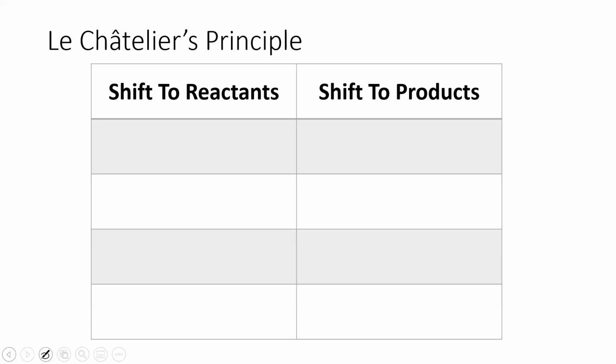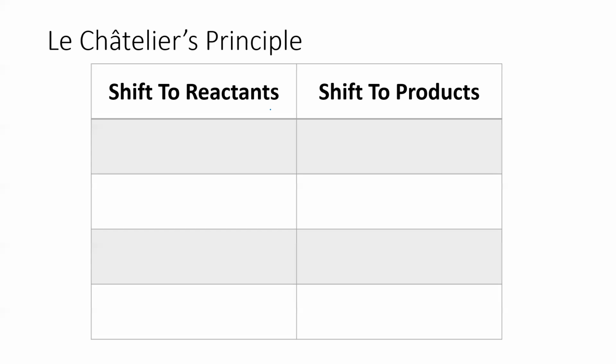So one of the things that affects equilibrium is adding or removing compounds, changing pressure, changing temperature. All these kinds of things can shift our equilibrium. And this is all called Le Chatelier's principle, right? How that equilibrium shifts due to outside stressors. And so, what will give us a shift to the reactants? Pick anything.